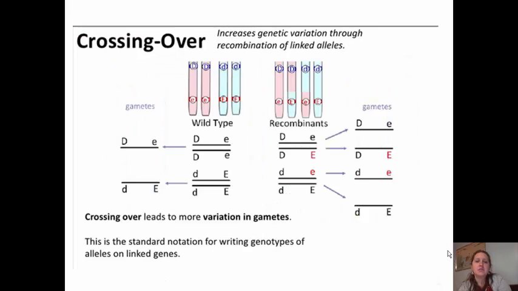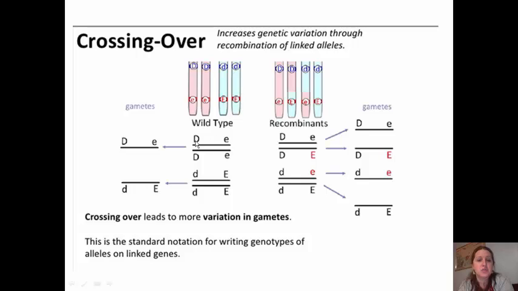All right, so this is another way of writing it. This is actually the standard notation for writing genotypes of alleles on linked genes. That is on a section of a chromatid where they will be inherited together. So here on the pink side, you have a big D and a little e on both of our sister chromatids. This was your original chromosome, and then it was replicated.